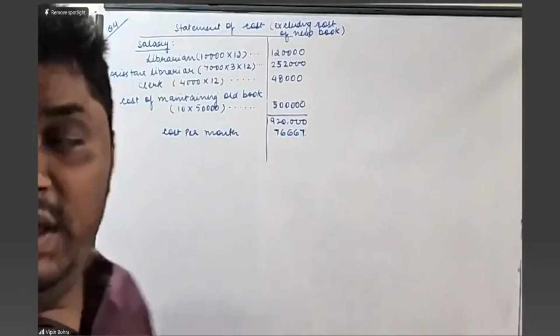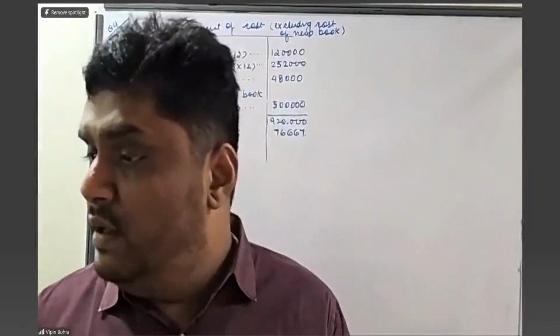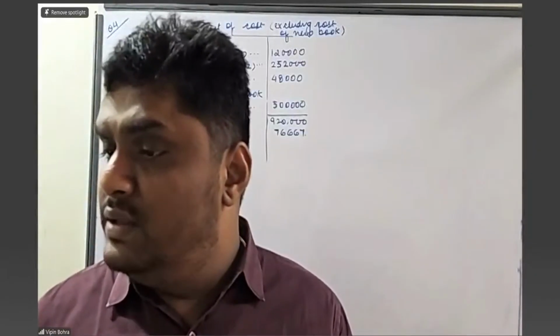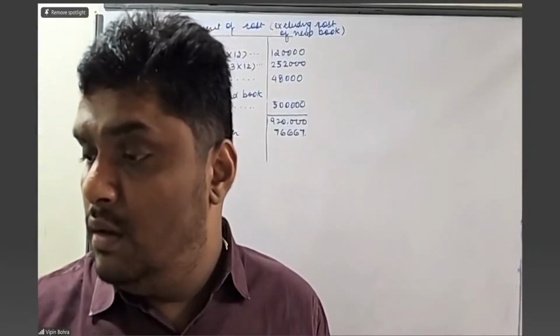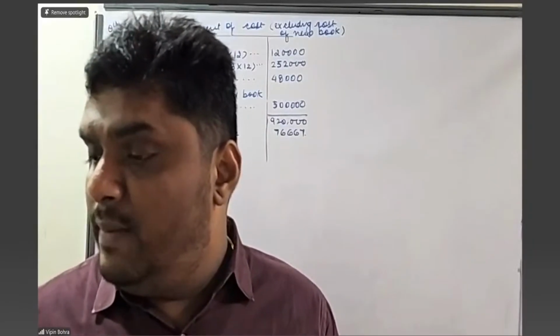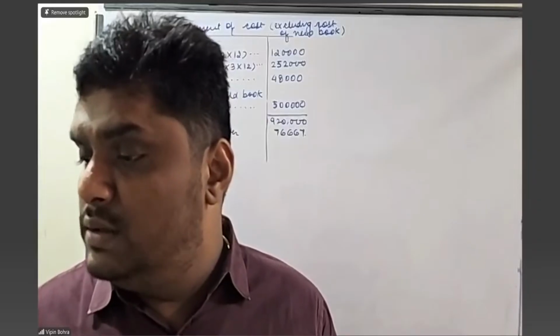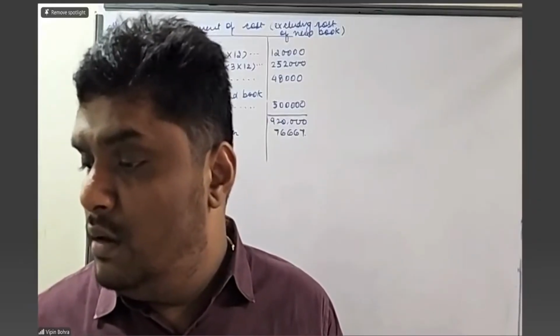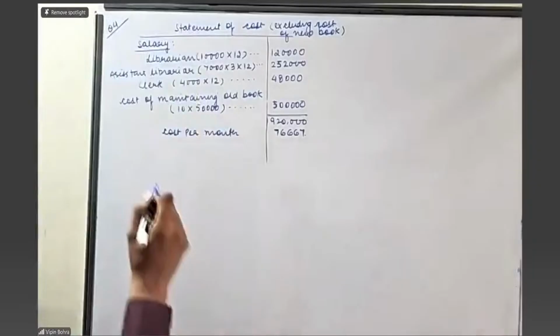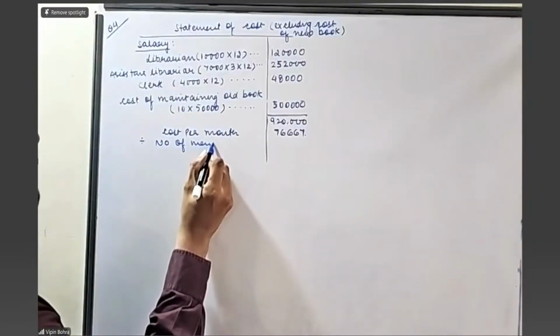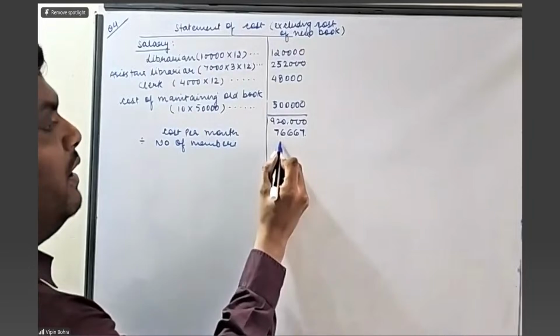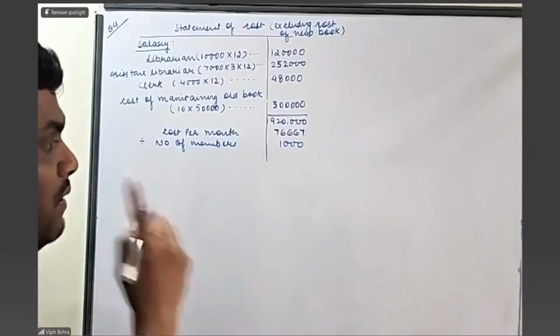And when talking about the number of members, it is given that there are total 1,000 library members. The total number of library members are 1,000. So divided by number of members, it is 1,000.